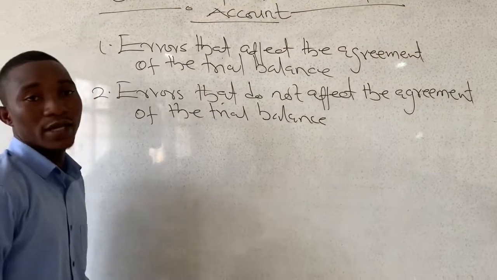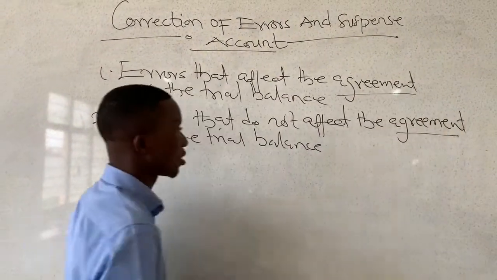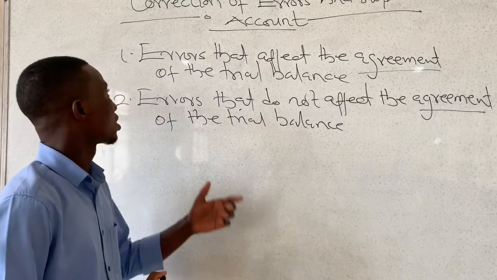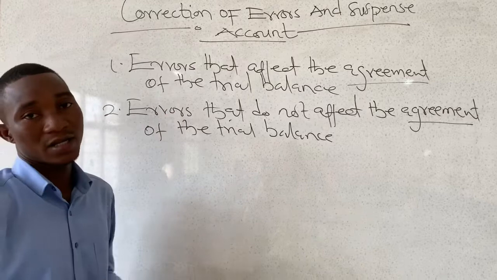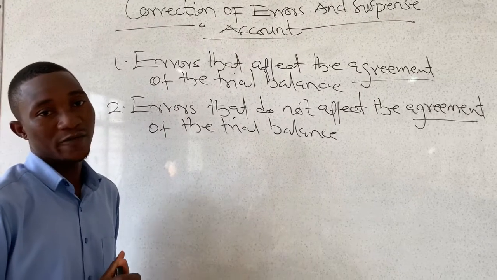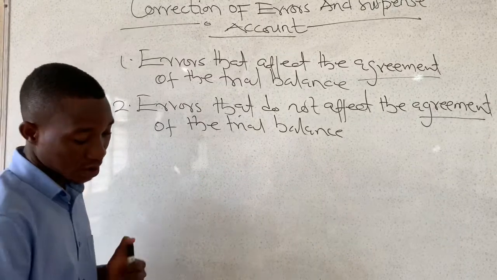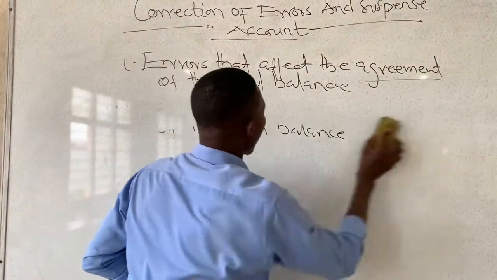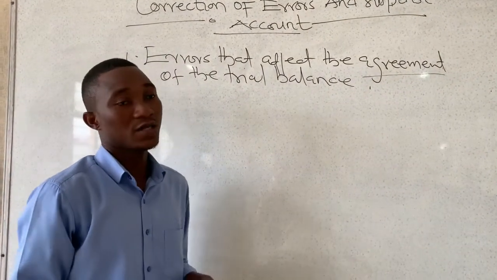Okay, so the keyword here is the agreement. So we are much interested in the agreement. So we are seeing that we have two broad classifications of errors: errors that affect the agreement of the trial balance and errors that do not affect the agreement of the trial balance. But let's first of all look at the errors that affect the agreement of the trial balance. Okay. So basically I'll be talking about 5 different errors that affect the agreement of the trial balance.